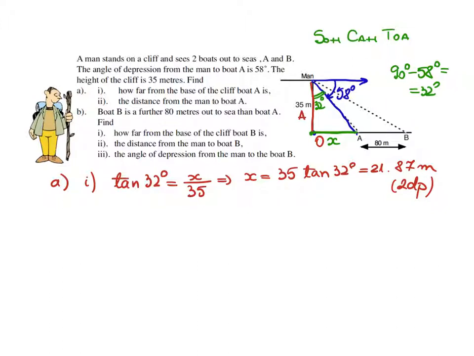Question two asks me, find the distance from the man to the boat A. So this is the distance I'm asked to find from the man to boat A. I'm going to use, of course, the same triangle. I can use either another trigonometric ratio, or I can use Pythagoras. Let me use Pythagoras.